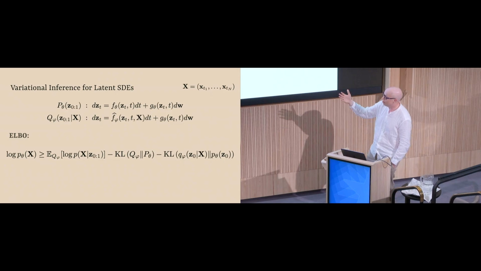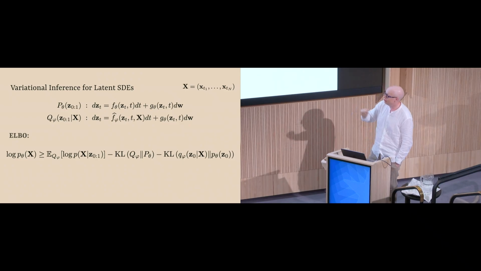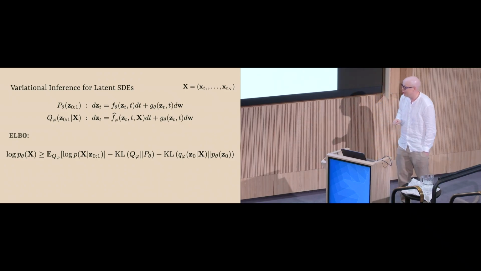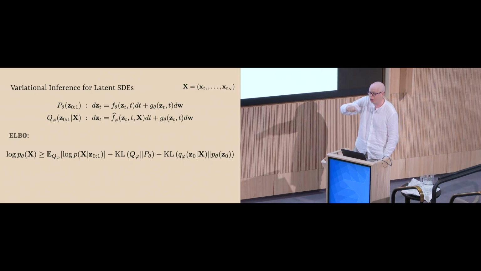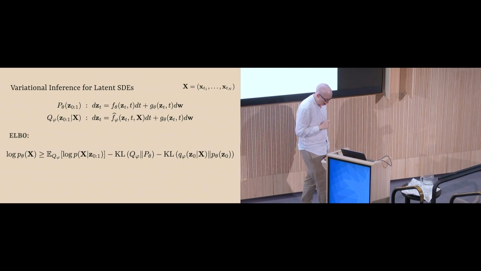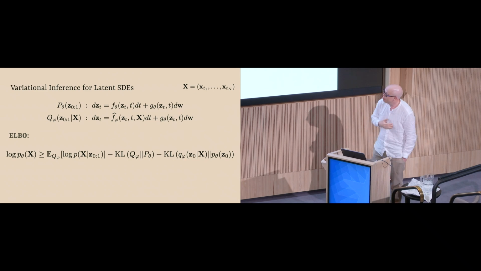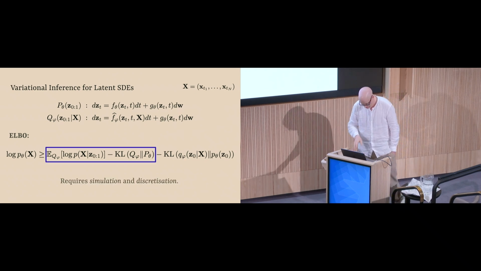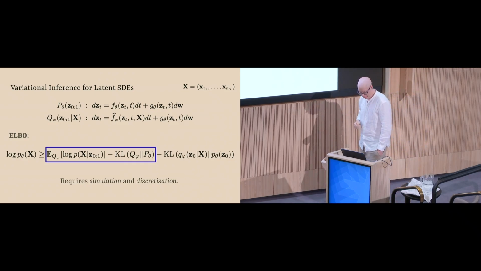There are also adjoint methods to do it, so you compute the gradient first and rewrite that as another solution to an SDE. But then you still have to numerically discretize your trajectory Z and simulate SDEs, which makes it very difficult to fit these models in practice. So it requires both that we simulate an SDE and discretize it, right?